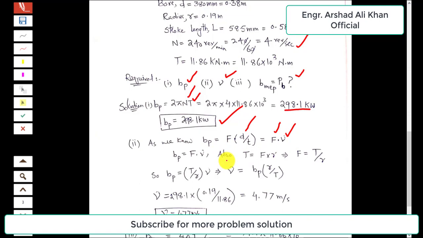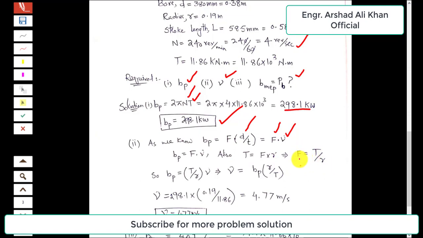Further, we have the expression for torque, which is T is equal to force into moment arm, and this is basically the radius. So rearranging it for F, F becomes equal to T by R, where T is the torque and R is the radius.